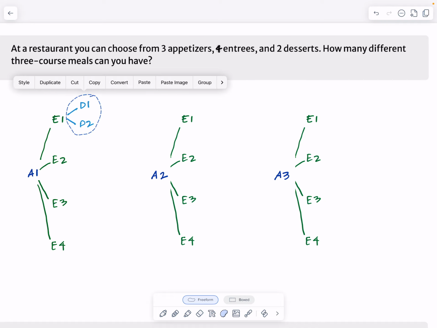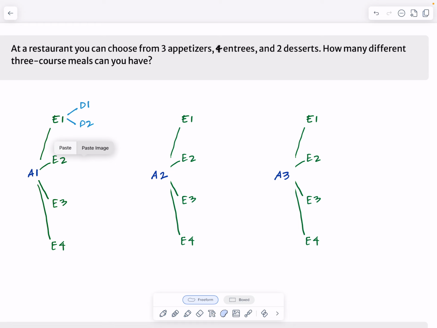And that's going to be the same if I order the first appetizer and the second entree, or if I get the first appetizer and the third entree, or the first appetizer and the fourth entree.